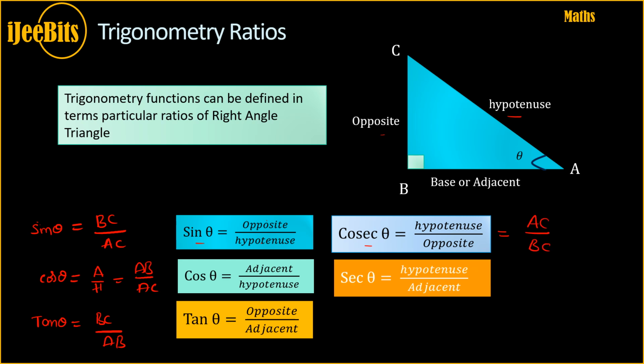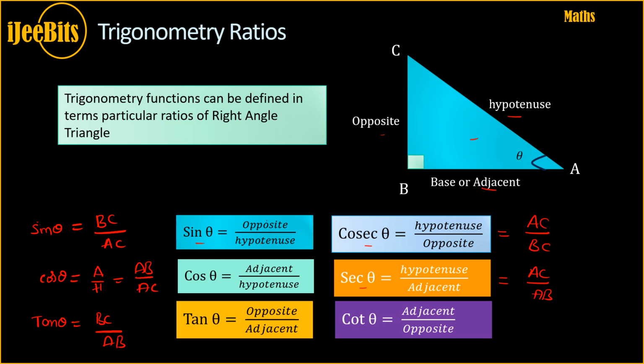These are the ratios. One more is secant. Secant theta means hypotenuse, which is AC from this triangle, and adjacent, which is AB. Now we'll look at cot theta, the last one, which is adjacent by opposite. Adjacent by opposite is the reciprocal of tan theta, right?